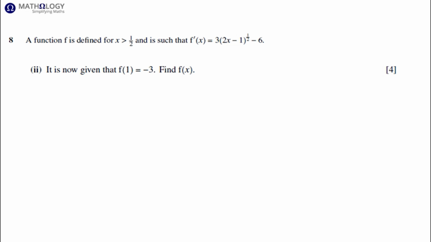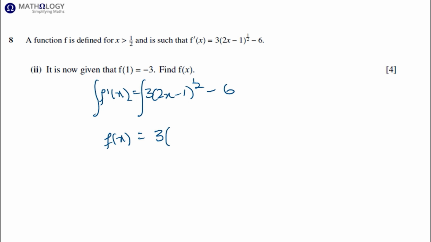It's now given that f of 1 equals minus 3, required to find f of x. So we are given the derivative function and we are required to find the curve itself, f. So we need to integrate this expression in order to get f of x. 3 is a constant, so it'll be 3 times (2x minus 1) to the power of a half plus 1, which is 3 over 2, and then we divide by 3 over 2.